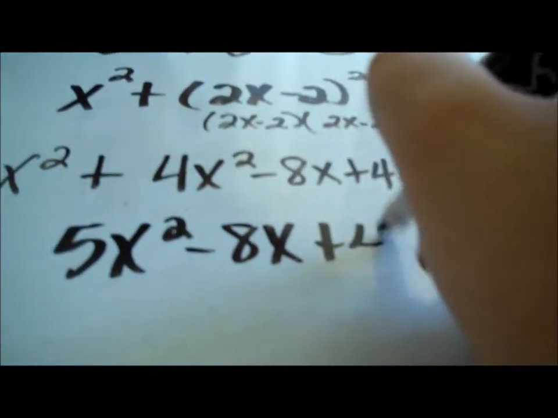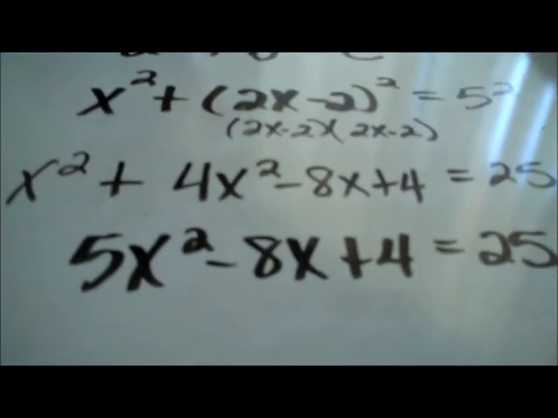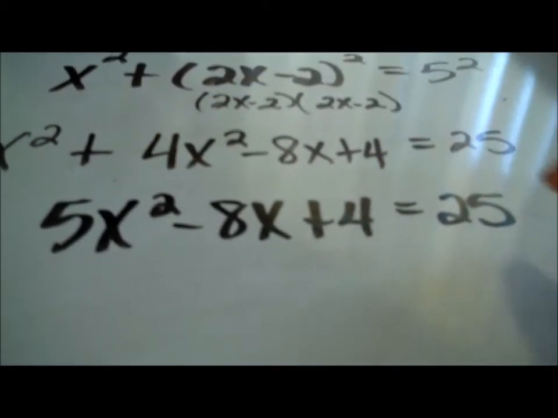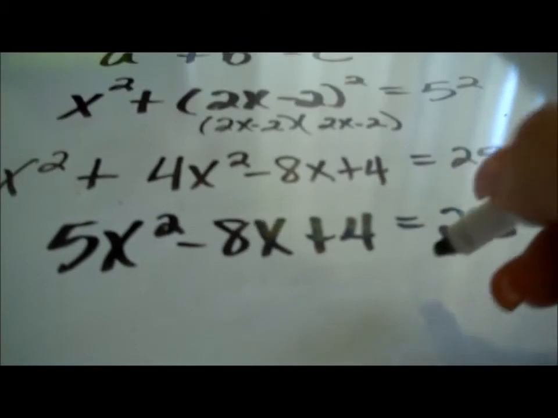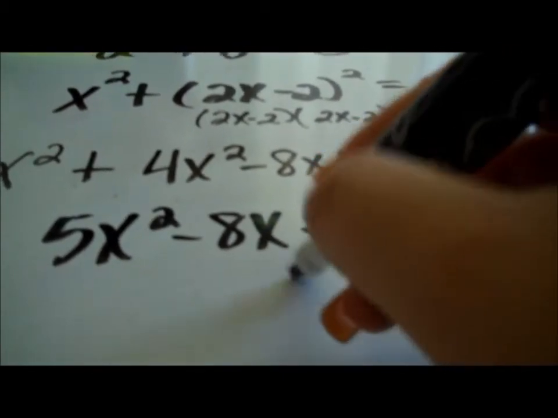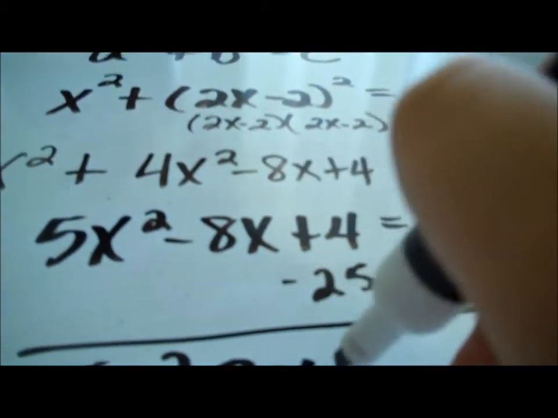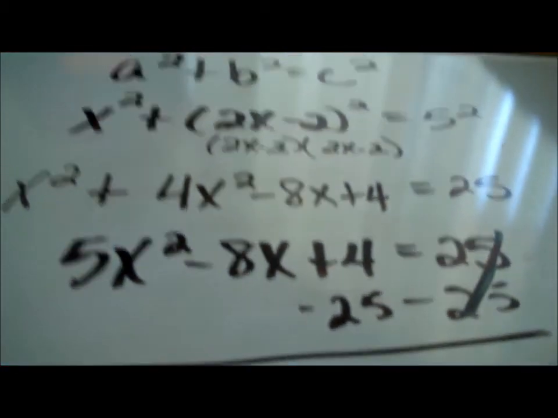I have 1x squared and 4x squared make 5x squared minus 8x plus 4 equals 25. Because I need to solve for x, I need to bring this 25 over. So I subtract 25 on both sides. I get 5x squared minus 8x minus 21 equals 0.